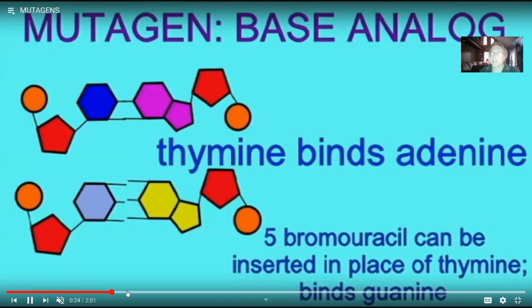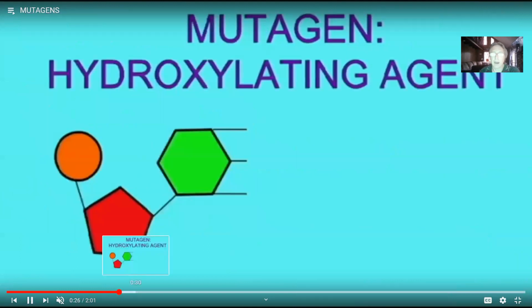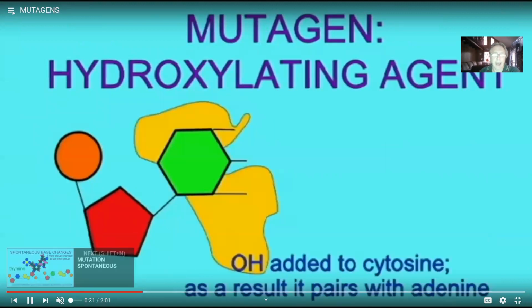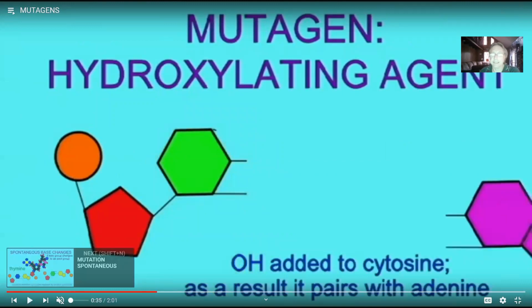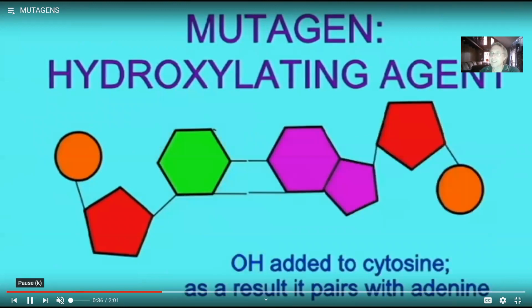And there are plenty of other examples of this. There are what are known as hydroxylating agents, which can add OHs to a group. If an OH is added to cytosine, that will change its pairing. This is a modified cytosine.